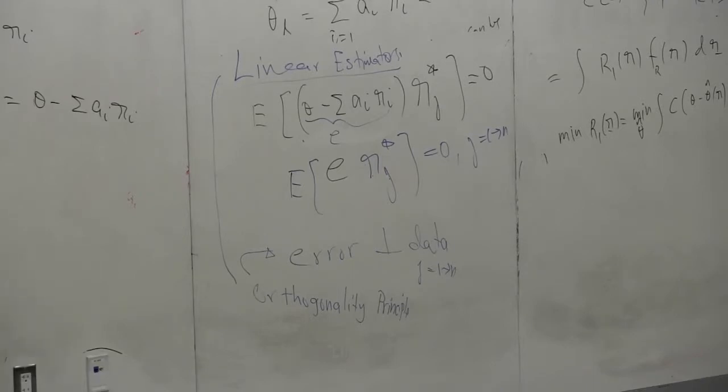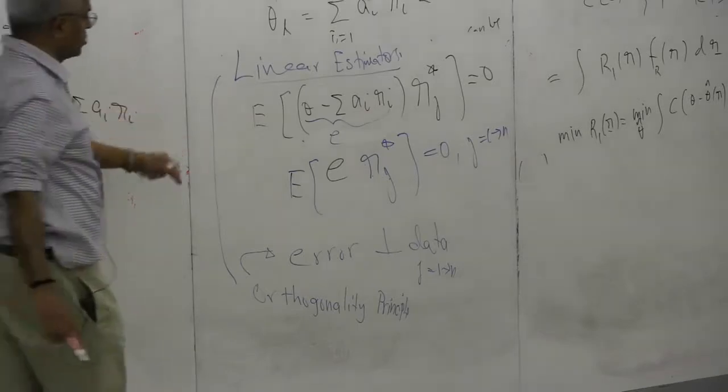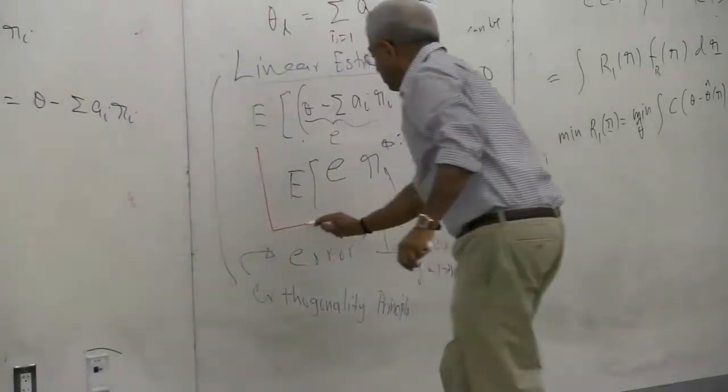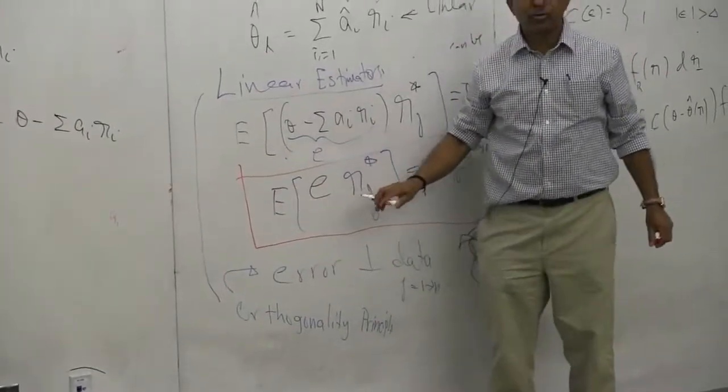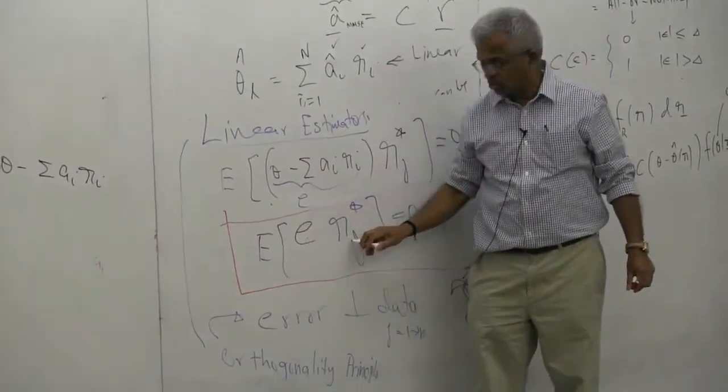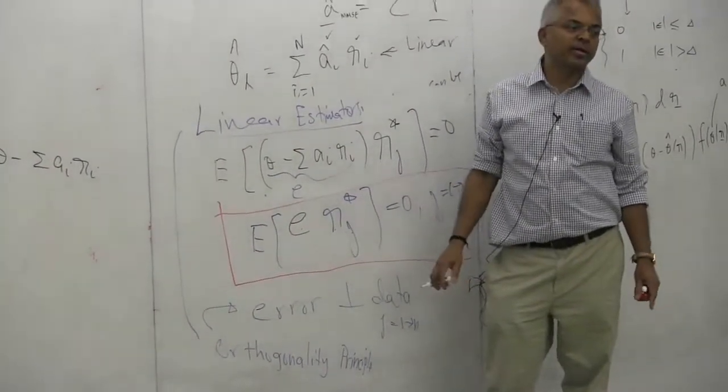So I was saying, that we already derived, right? This is something we'll come back to also, but this is the rule. For the linear estimator, the rule is error is orthogonal to the data, all data points.